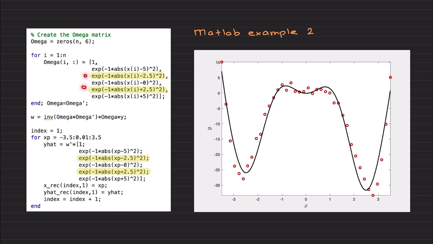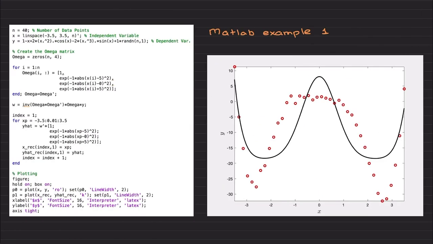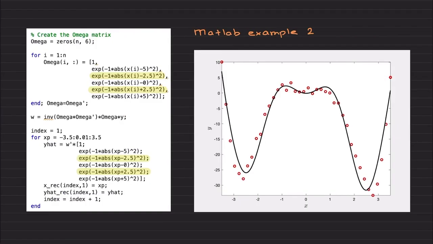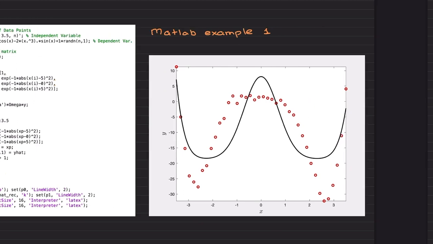By the way, since you added 2, you also have 2 more once you evaluate that function. I am only showing the plot that contains the changes. Basically, this part of the code doesn't change. I am only showing the changes in this part, the additions. I also make this 6 now because the dimension of omega is 6 by 40.